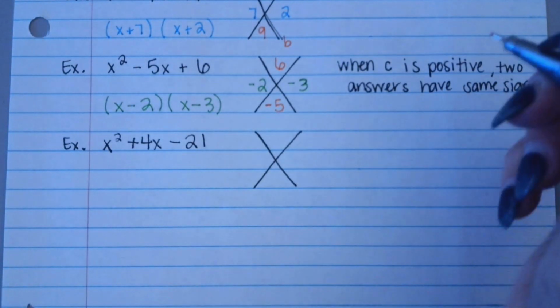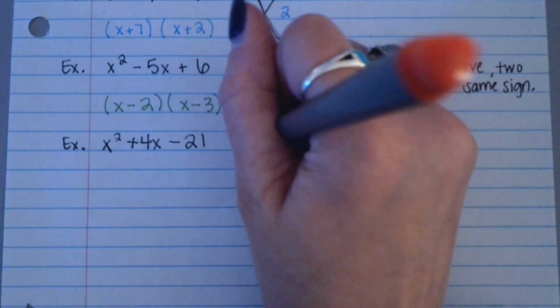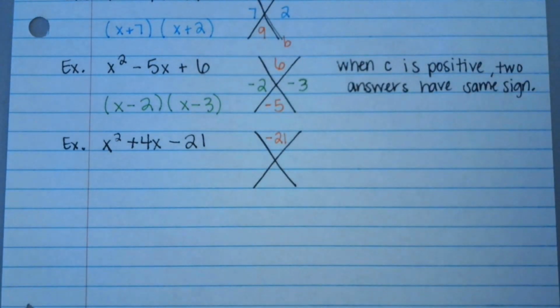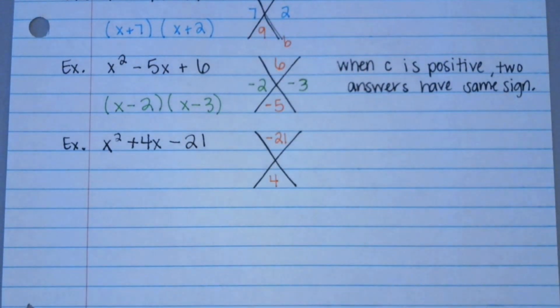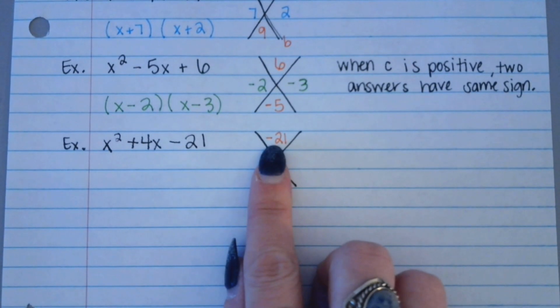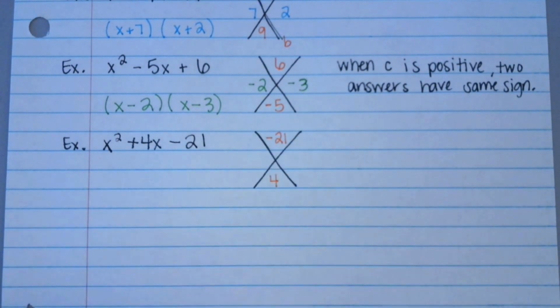All right, my C value is negative this time. So C is negative 21, that goes on top. And then on bottom, it's positive 4. If I'm multiplying 2 numbers and their answer is negative, you have to have a negative and a positive.